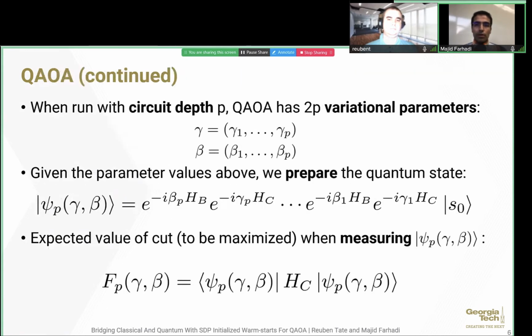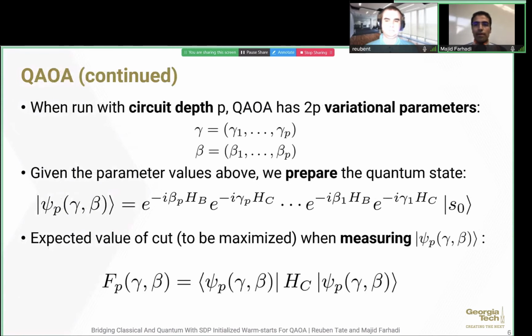An instance of QAOA with a circuit of depth P has two P parameters defining transformations using the cost and mixing Hamiltonians to be alternatively applied to the qubits. The final state of the algorithm, psi P, is sampled by a quantum measurement of the qubits, wherein the spin of the qubit determines the side the corresponding vertex falls into.